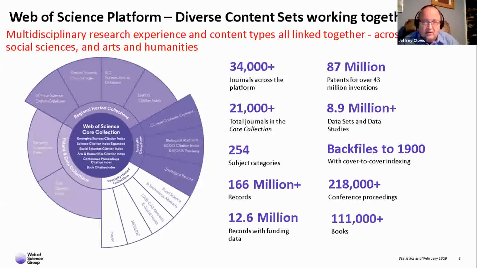And we just released in beta a new one, the Arabic Citation Index, which will be available on our platform very soon for everyone. It is focused on Islamic studies and the social sciences.